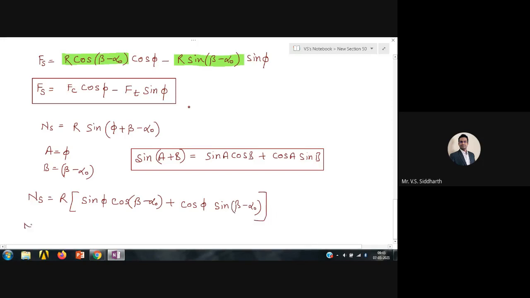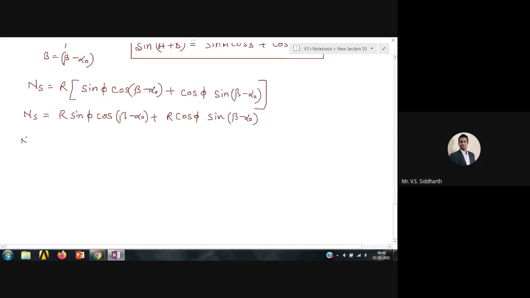Multiply R inside. Ns equals R sin phi cos(beta minus alpha naught) plus R cos phi sin(beta minus alpha naught). Okay, clear? So Ns equals R cos(beta minus alpha naught) multiplied by sin phi plus R sin(beta minus alpha naught) multiplied by cos phi.